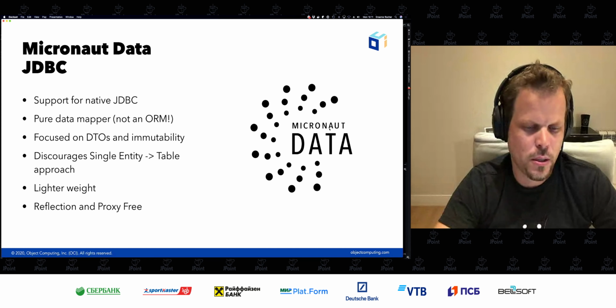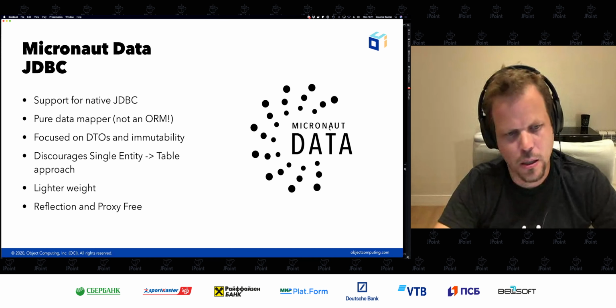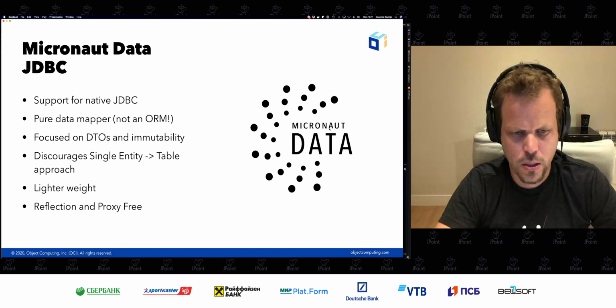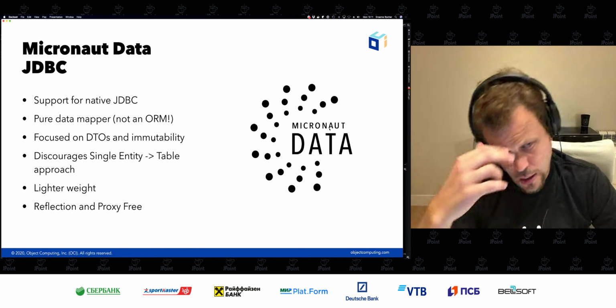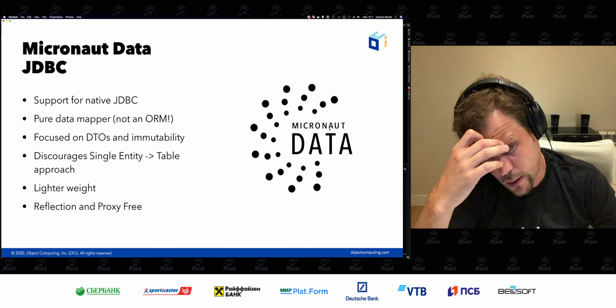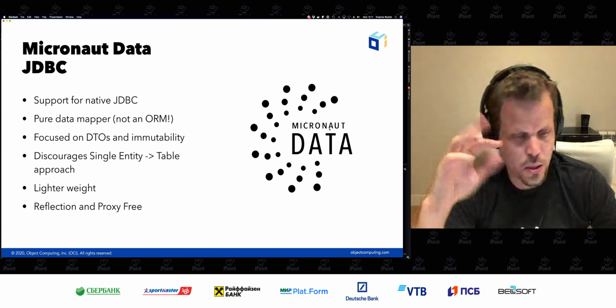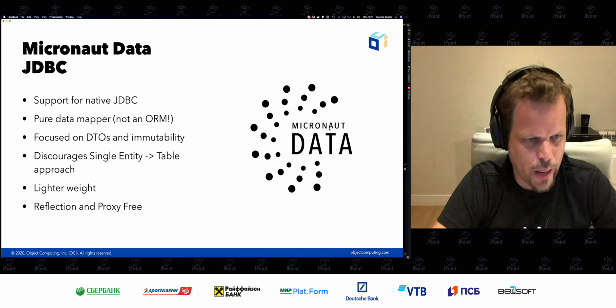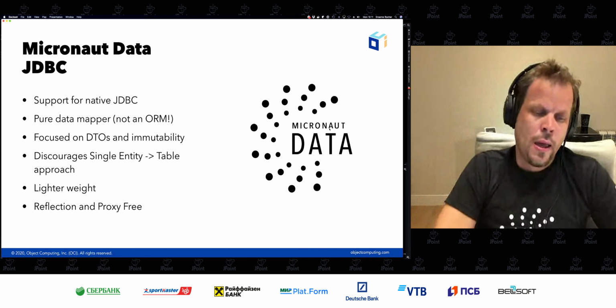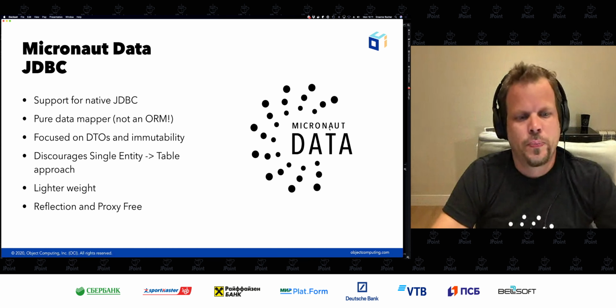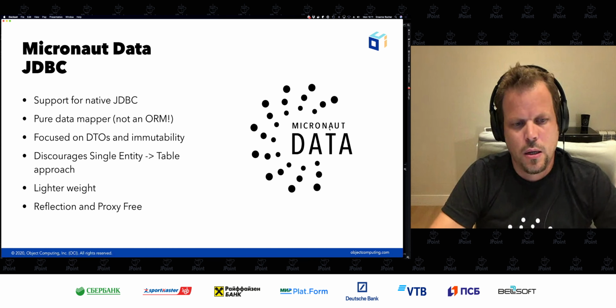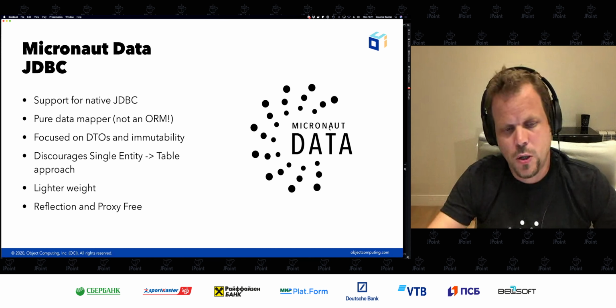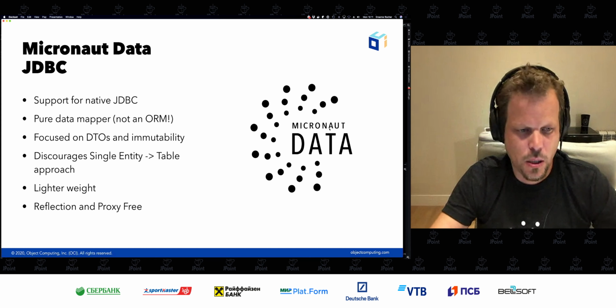There are no ORM concepts. There's no lazy loading. There are no proxies. None of those things that you would typically associate with an object relational mapping tool. It's focused on essentially the use of data transfer objects and immutable objects.